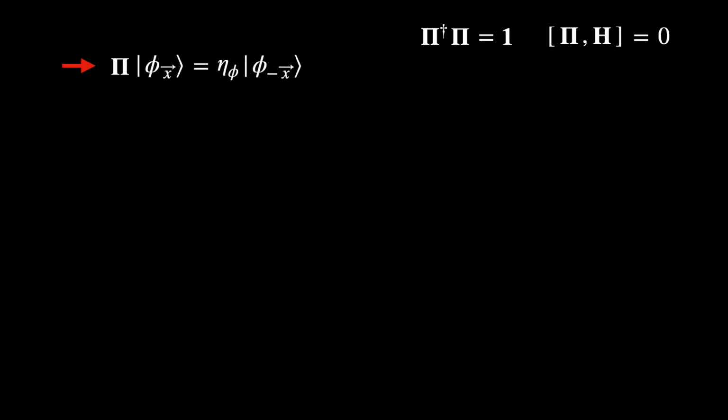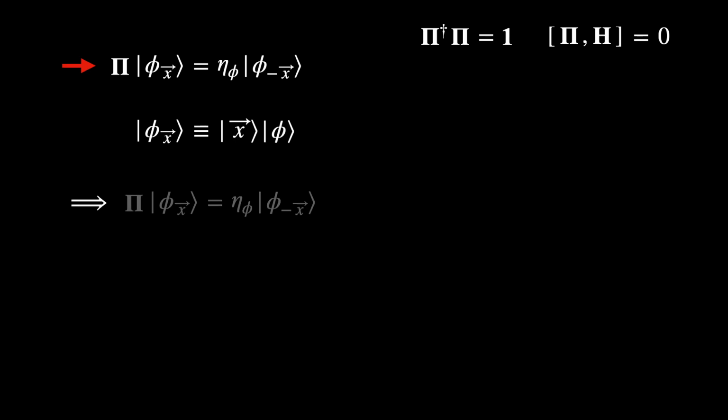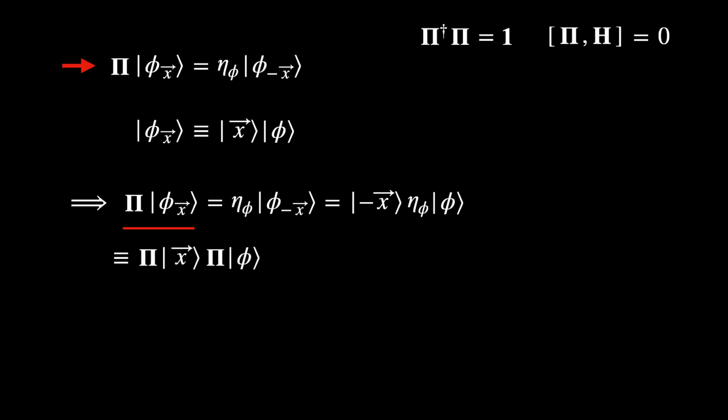It is helpful to split our state into a product, one part which is transformed non-trivially by parity, like the position state in this case, and the other part phi, which is invariant under parity. We can then consider the effects of parity on each part separately.